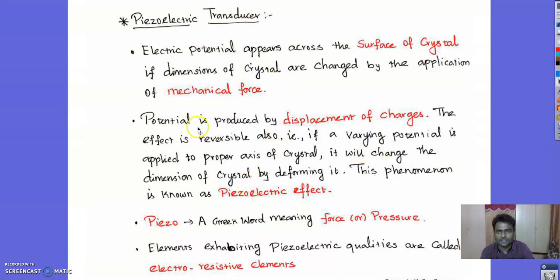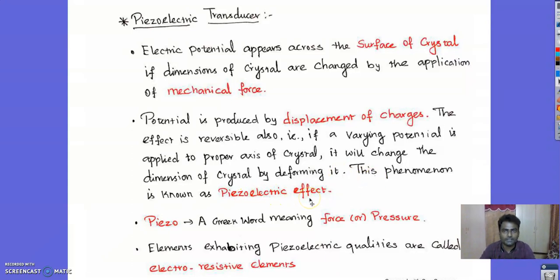So potential is produced by the displacement of charges from the crystal, and this effect is reversible also. That is, by varying the potential applied to the proper axis of the crystal, it will change the dimension of the crystal by deforming it. This phenomenon is known as the piezoelectric effect.